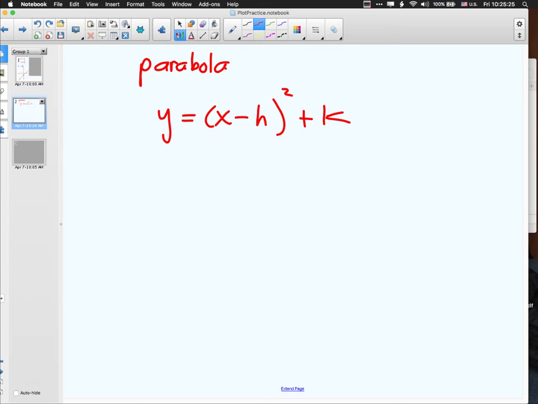This is the standard form for all parabolas. Actually, standard form would also have an A here, but we're not going to deal with numbers in front of the parabola at the moment. That would just make it skinnier or taller. Why is this the standard form for parabolas? Why does this help us draw a parabola quickly and easily?